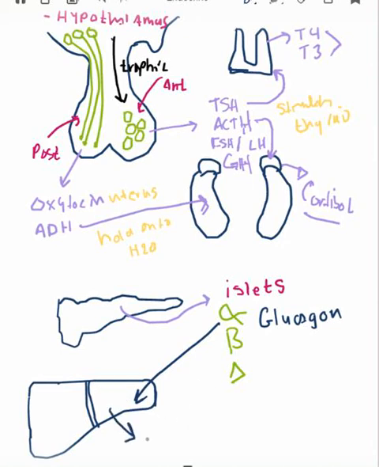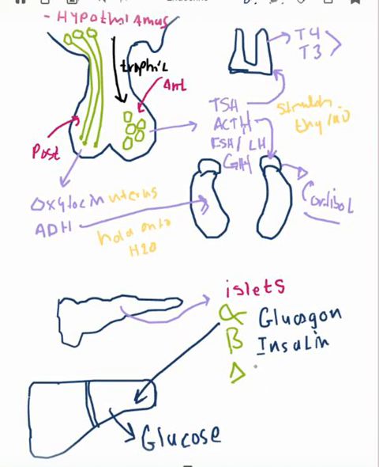So this is a way of maintaining steady levels of blood sugars by telling the liver to break glycogen down into glucose. The beta cells secrete another hormone called insulin, and everybody pretty much knows what insulin is. Insulin is a hormone that helps facilitate the diffusion of glucose into the cells.